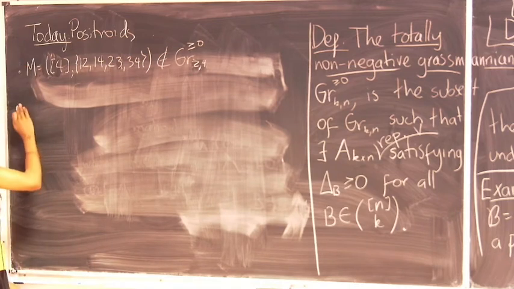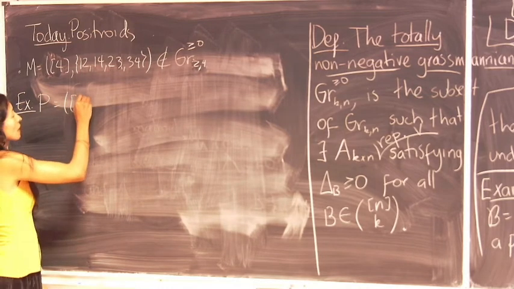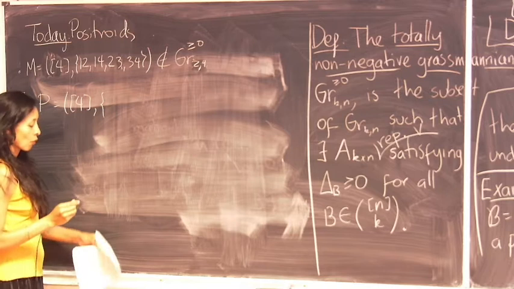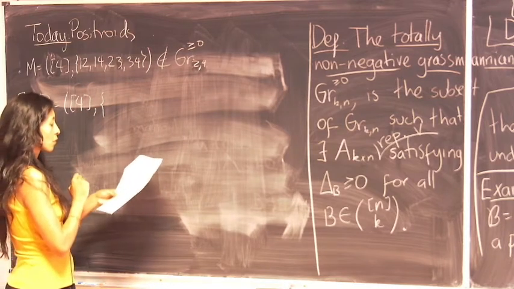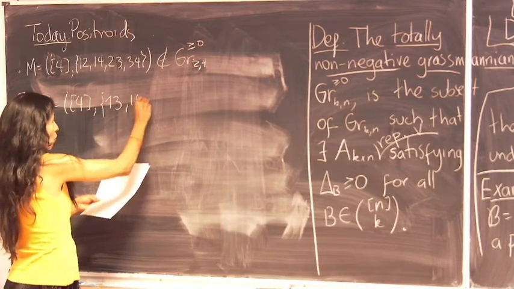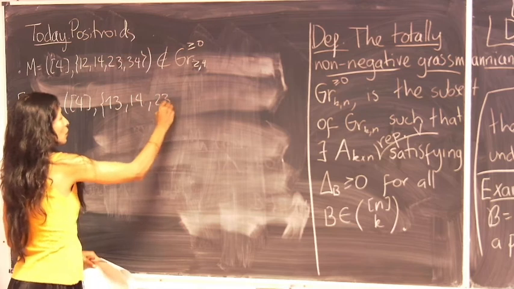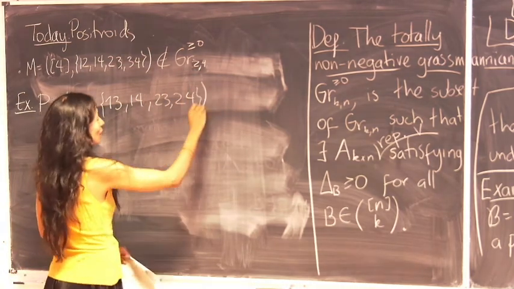But now I want to draw your attention to the following example. And I want you to tell me what relationship you observe from this one to the non-example that we just illustrated. So 1, 3, 1, 4, 2, 3, 2, 4. And I think this is the one I had written before.